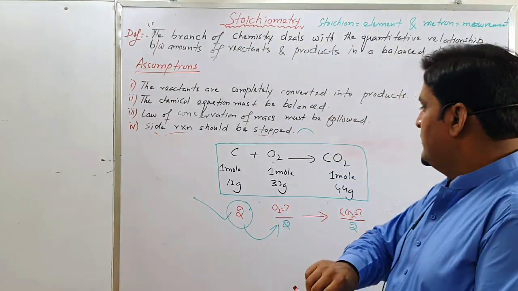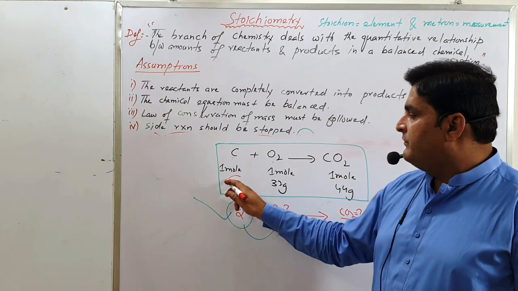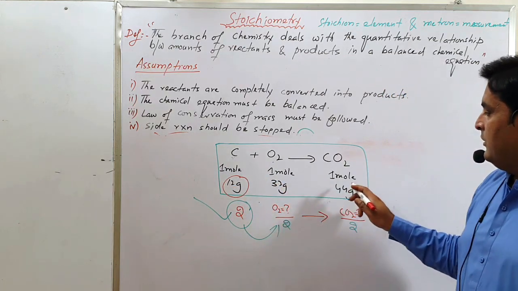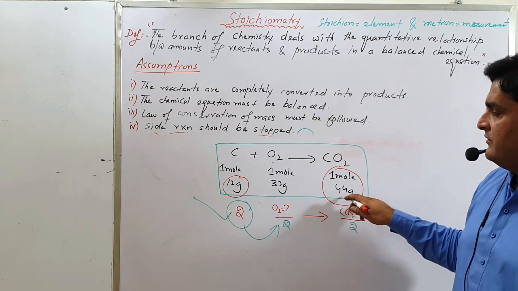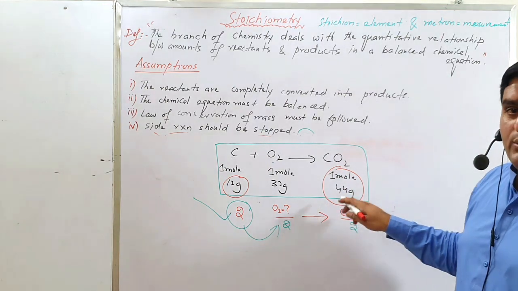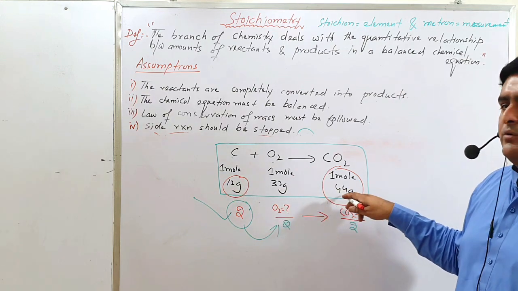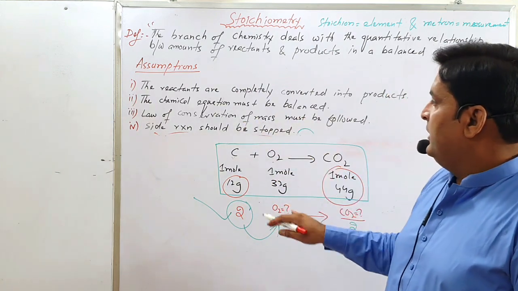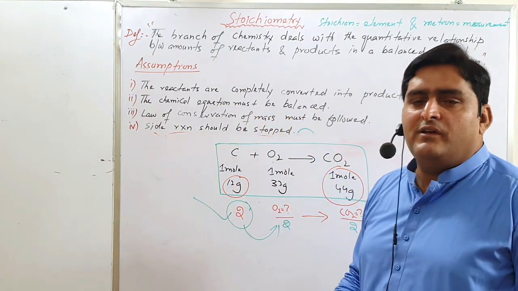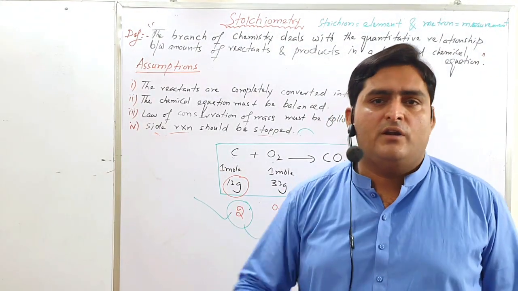For example, take this equation. If we are given 12 grams of carbon, we should assume that 44 grams of carbon dioxide will be formed. Only if 12 grams are given, the maximum we will have is 44 grams. But if the reaction has not been finished, it means that all the reactants have not been converted into product.